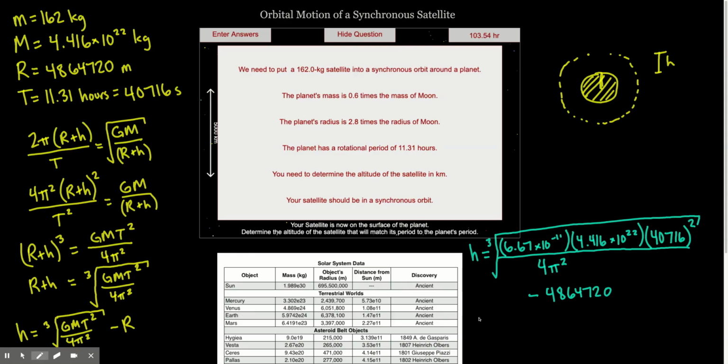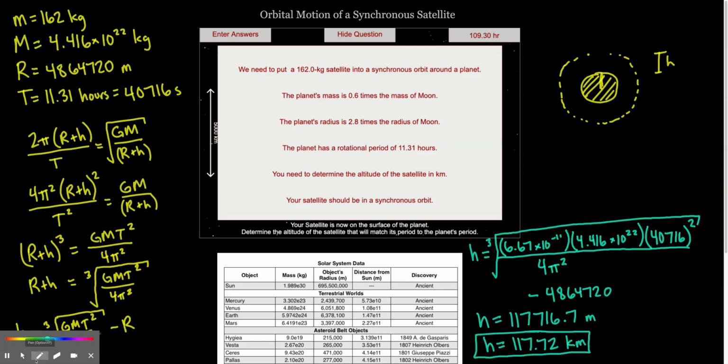And when I plug all of that in, I get h to be 117,716.7 meters, which would be 117.72 kilometers. So that's our first answer.